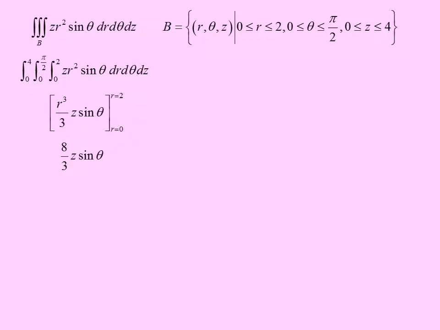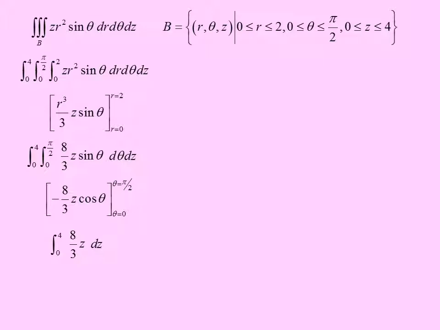So then we want to integrate that with respect to theta. The integral of sine theta would be negative cosine theta, and you leave the 8/3 z alone. Plug in the pi over 2 and 0 and subtract. Then we integrate that with respect to z.